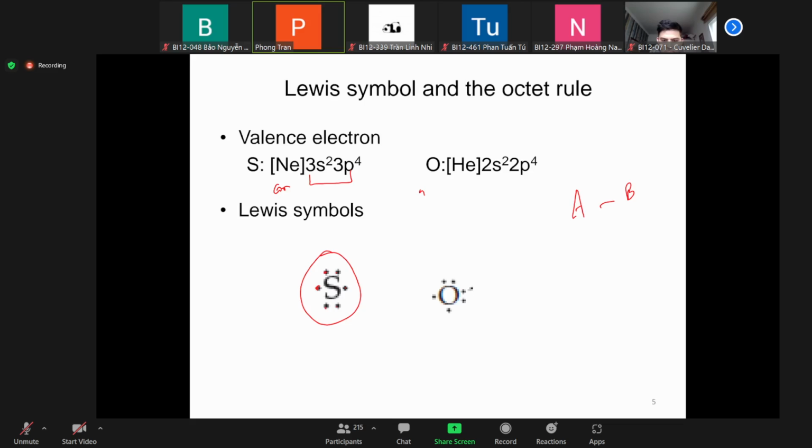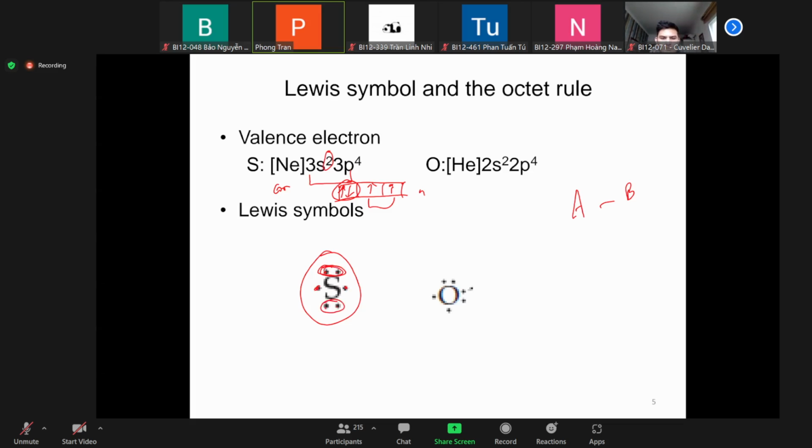So you can represent 2 electrons as a pair like this to represent the orbital which has 2 electrons. And if you draw it for p4, you have like this: 1 pair of electrons, 2 pairs of electrons, and 2 single electrons. So you have 1 pair here, 1 pair here, and then 2 single electrons.